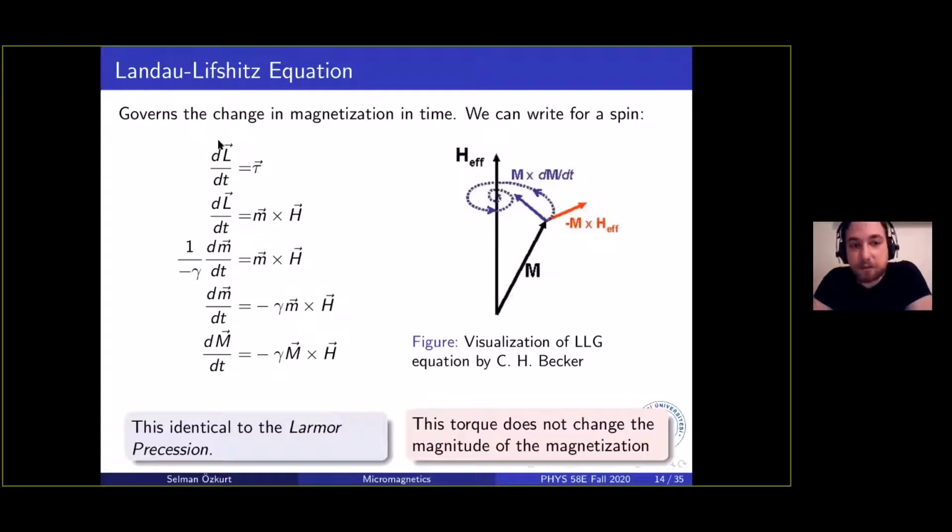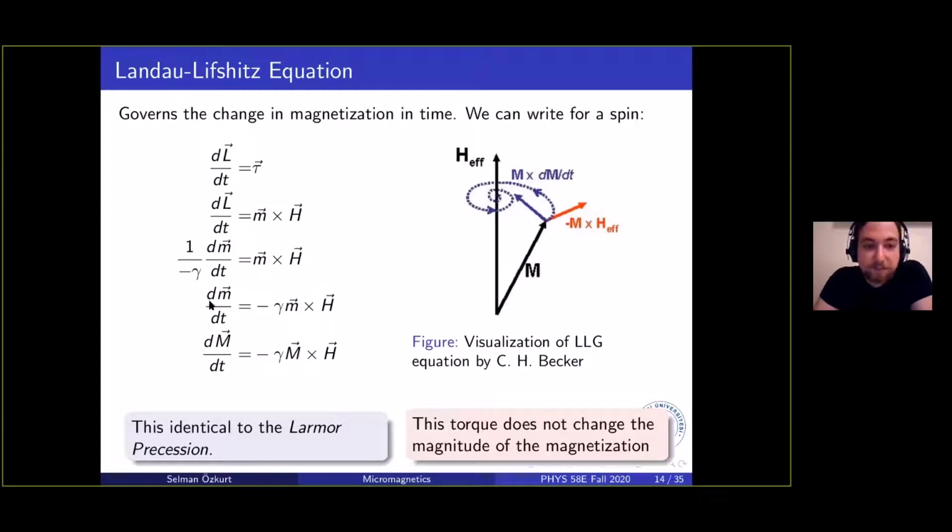It is so in any case, but in this case, the torque is caused by the interaction of the magnetic moment with an H field, if we are in CGS units, of course. And then in this case, we have this L, which is simply related to the magnetic moment with the gyromagnetic ratio, as I just described.